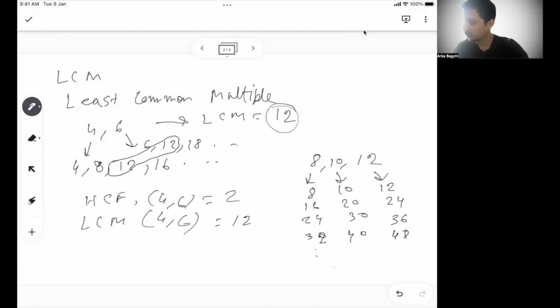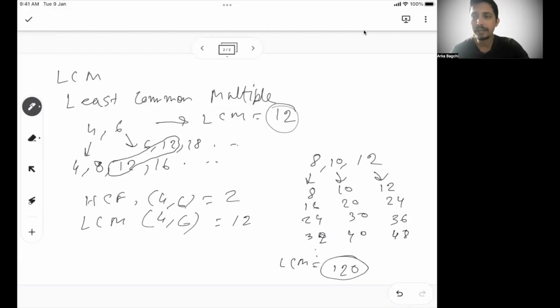If you go on, you will see 120 is the number that has all of them as a multiple. So LCM is 120.